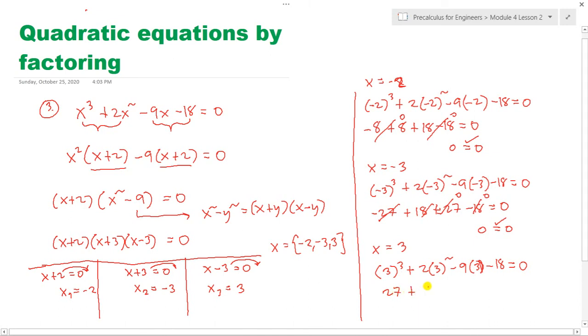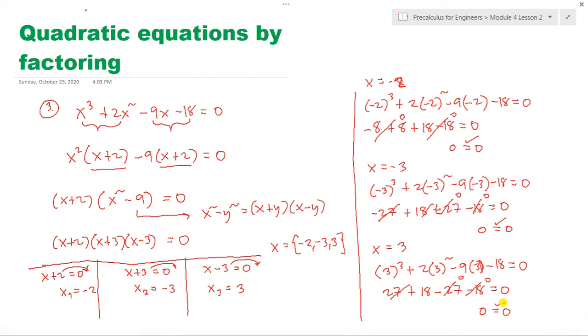Then 3 times 3, 9 times 2 is 18, and 9 times 3 is negative 27, and minus 18. So again, 27 minus 27 is 0, and 18 minus 18 is 0. Therefore 0 equals 0. So here we already verified that all the solutions satisfy our equation. Therefore, we are correct.